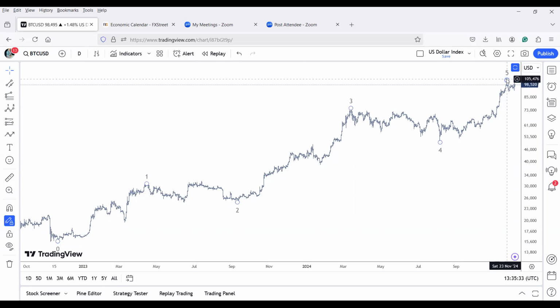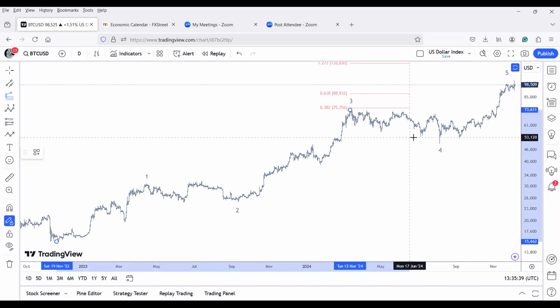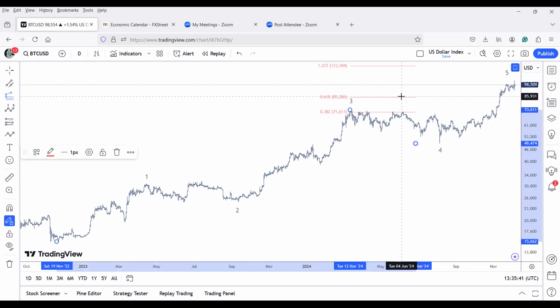The five wave is very close to completion. If I do an extension right now, it has exceeded that figure. So the next figure in line with the Bitcoin rally should be somewhere around the 123 mark. So 123 potential still remains.